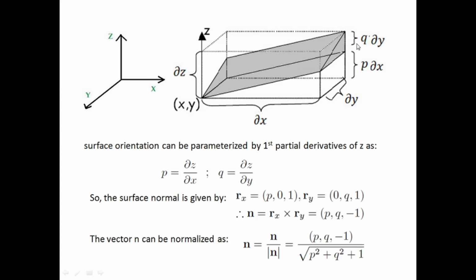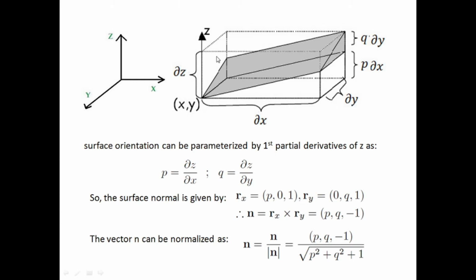It may not have the previous y value, and here also it may not have the previous x length. So definitely the y and x lengths vary. According to the concept, P and Q are the gradient values.